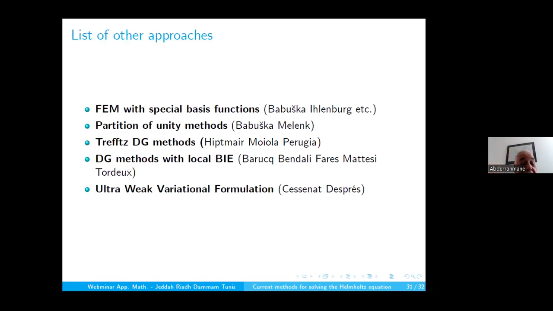I have said the current method. There are a lot of other methods used to solve the Helmholtz equation due to its importance. You can use a finite element method with special basis functions to reduce the pollution effect. The partition of unity method, the Trefftz DG method. Trefftz DG method is a DG method, but instead of using polynomials, you use local solutions of the Helmholtz equation, for instance, plane waves.